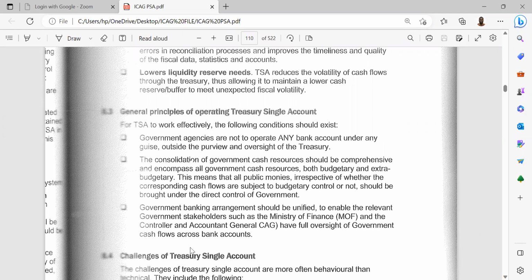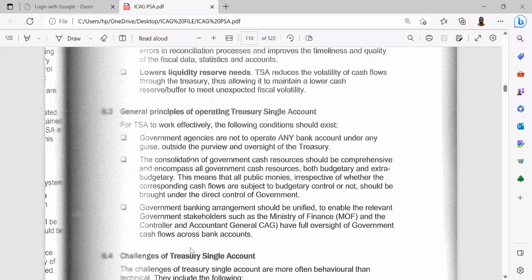I want one English word that is mostly used in the public sector when it comes to things being rigid. If it's single, it will lead to something. Bureaucracy. Exactly, that is the word. Because everything is supposed to go to Bank of Ghana before Bank of Ghana will drop it down. So it will lead to bureaucracy.